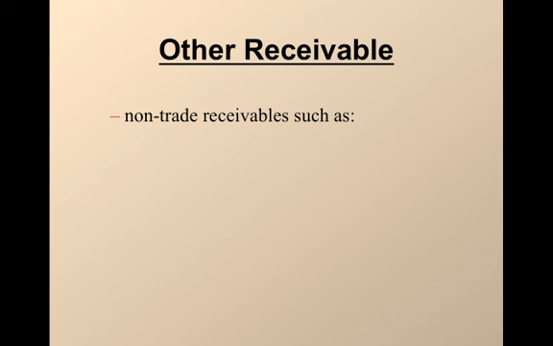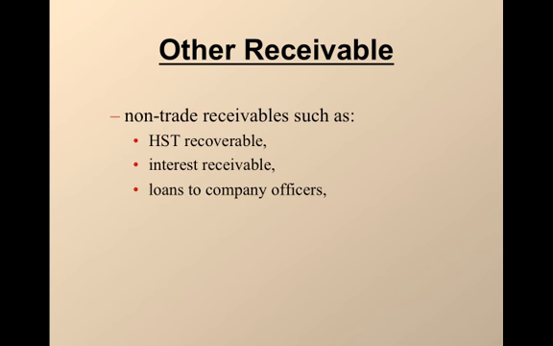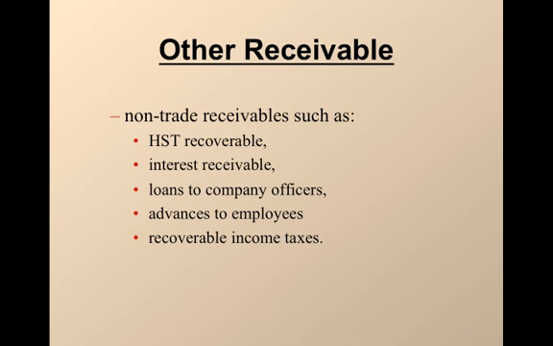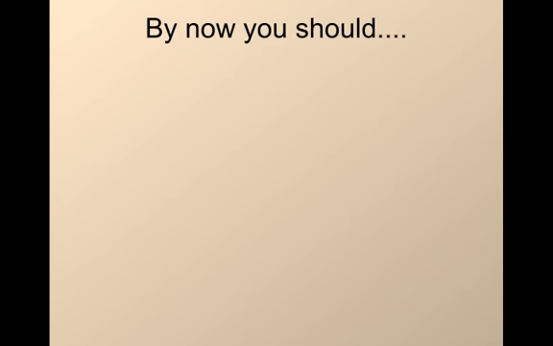Now, we talked about the 3 types of receivables: accounts receivable, notes receivable, and other receivables. Well, the other receivables I talked about already were HST recoverable, and interest receivable you get on your notes and accounts receivables. Sometimes you loan money to company officers. You may give your employees an advance on their pay, and all of these will create receivables in your books. And these are just other ones other than accounts receivable and notes receivable.